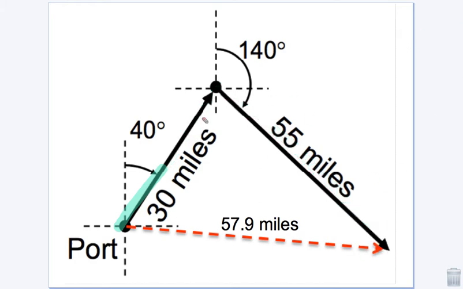The resultant starts here at the very beginning where my port is, and it's ending where the ship is currently, okay? So if another ship leaves port and sails directly to me, they're going to have a very small angle. It's just this little tiny angle right here, okay?